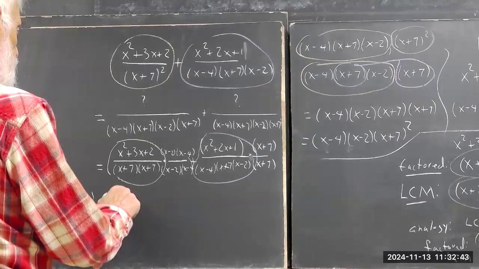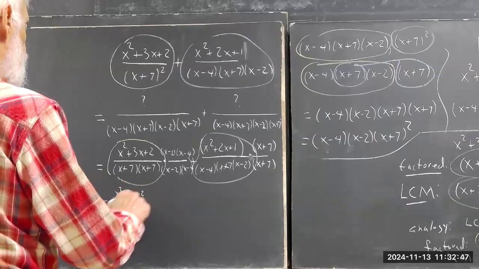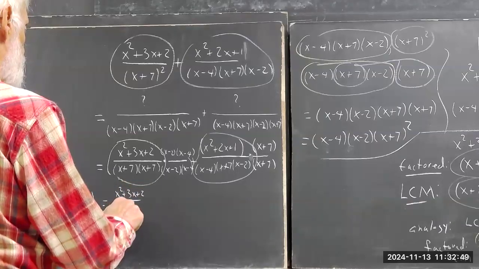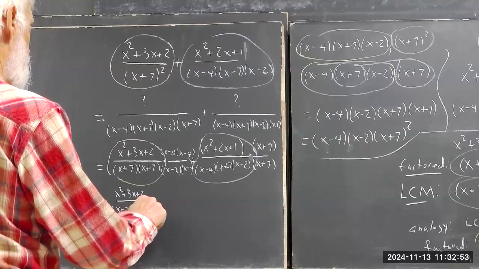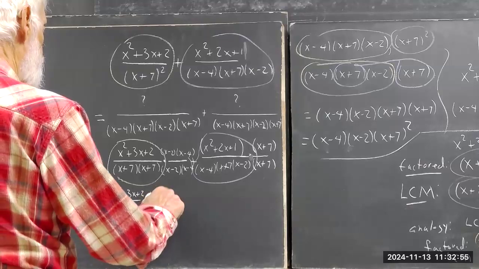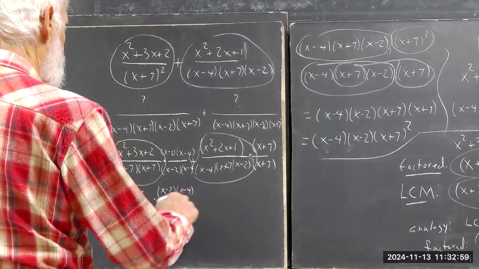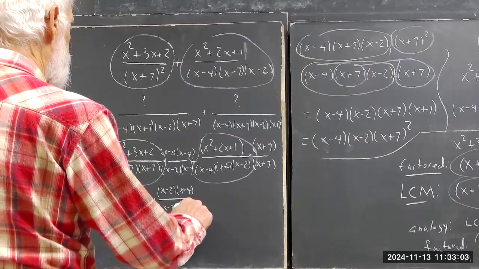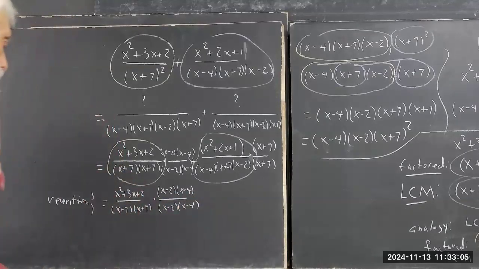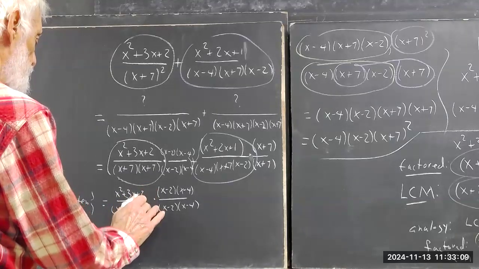Okay. This is x squared plus 3x plus 2 over x plus 7 times x plus 7, multiplied by x minus 2 times x minus 4 over x minus 2 times x minus 4. So that now our denominator is going to be what it needs to be.